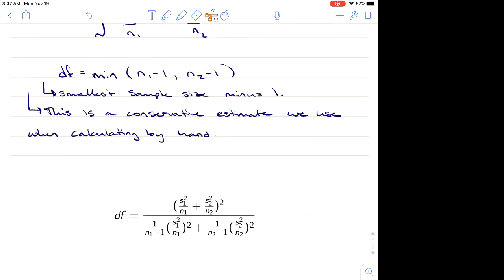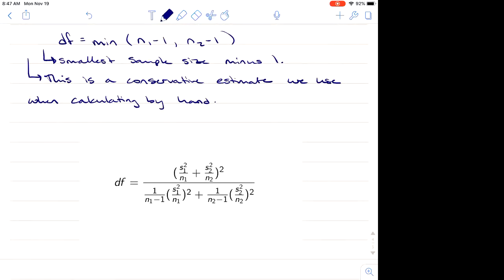I'll just make a note here: R will use this. That's just to show you that we're saving a little bit of work by taking the smallest sample size minus 1.